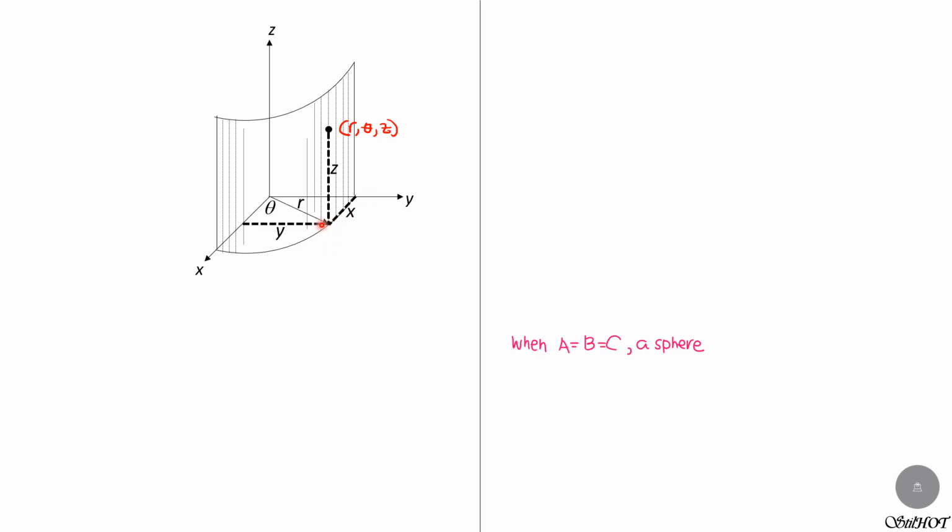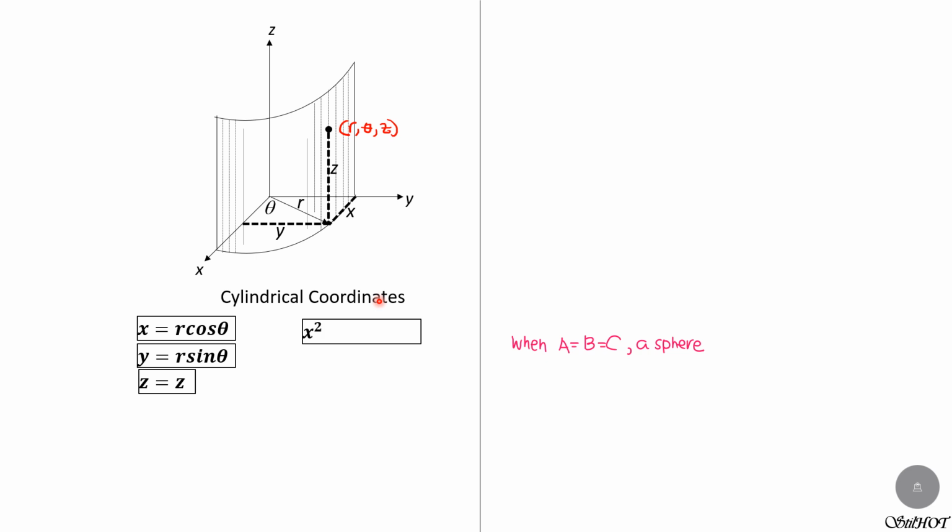Therefore, x, this side here, is r cosine theta. So that's the cylindrical coordinates. x is r cosine theta, y is r sine theta, and z is just z. And x squared plus y squared equals small r squared, tangent theta equals y over x.